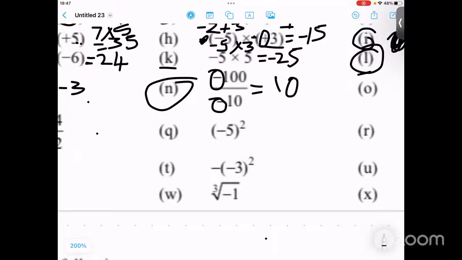Ma'am, can I explain? Yeah. -100 divided by -10: a negative divided by a negative is a positive.